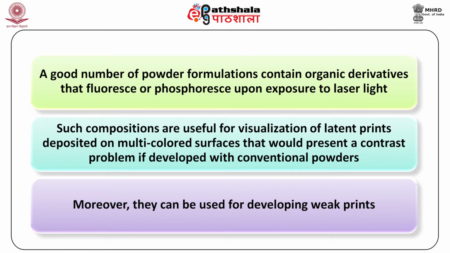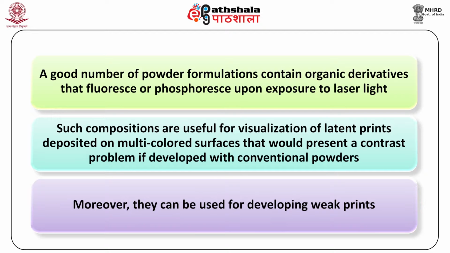A good number of powder formulations contain organic derivatives that fluoresce or phosphoresce upon exposure to laser light. Such compositions are useful for visualization of latent prints deposited on multicolored surfaces that would present a contrast problem if developed with conventional powders.